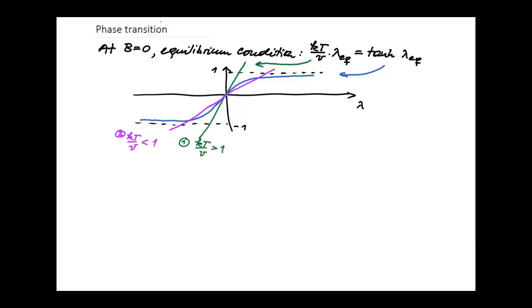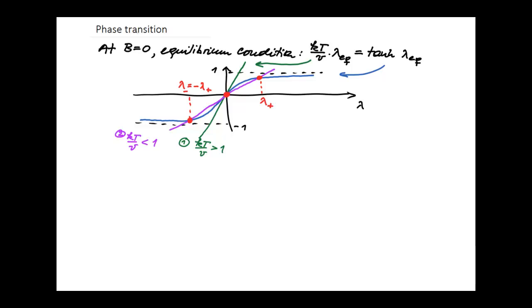Now, in the first case, if kT over v is larger than 1, then this equilibrium condition can be satisfied in one point only, for one value of lambda only, namely at lambda equal to 0. If, on the other hand, the slope is smaller than 1, case number 2, then there are two more values for lambda where the equilibrium condition is satisfied, namely this point here and that point there. Let me call this lambda plus and lambda minus. And due to symmetry, this is simply minus lambda plus.